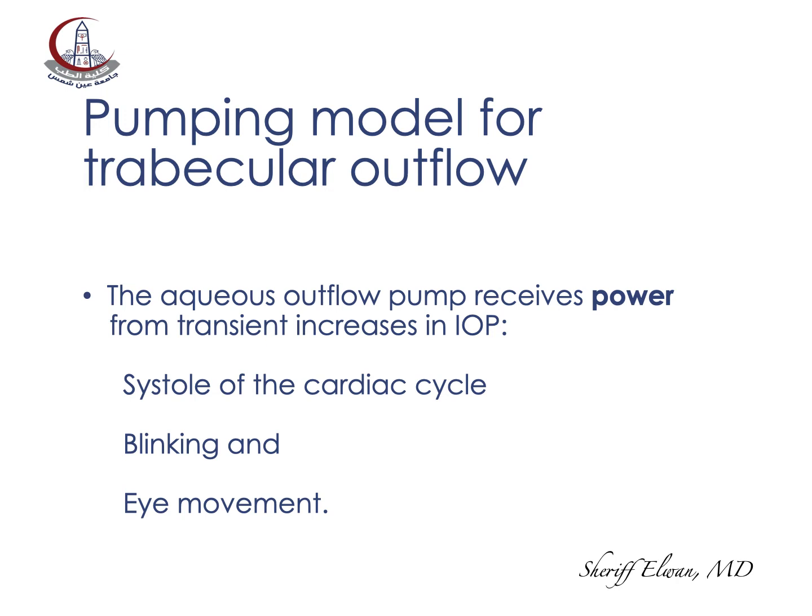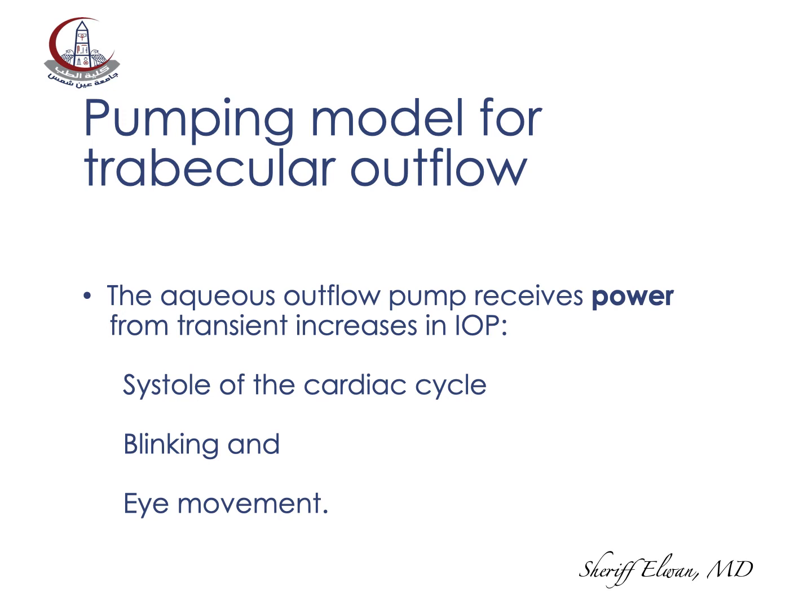In addition to this, there is a pumping model of trabecular outflow, and the aqueous outflow is pumped. It is receiving a sort of power from a transient increase in the intraocular pressure via three main mechanisms. The first is the systole of the cardiac cycle, increasing the pressure inside the vessels, wherefrom the aqueous is derived.